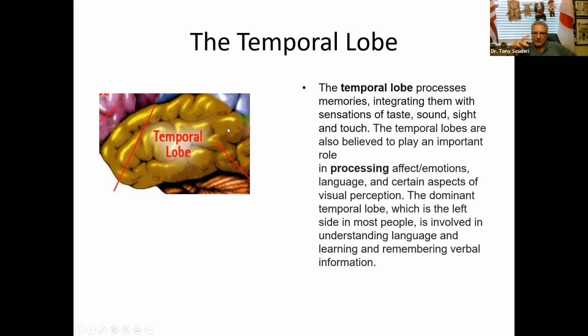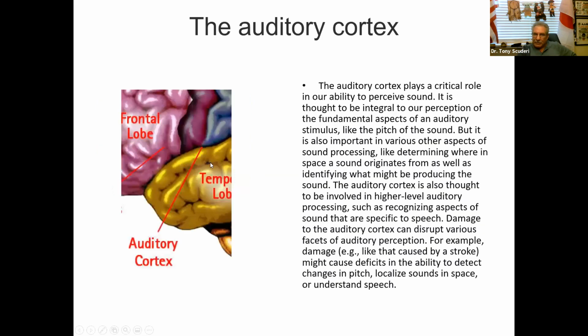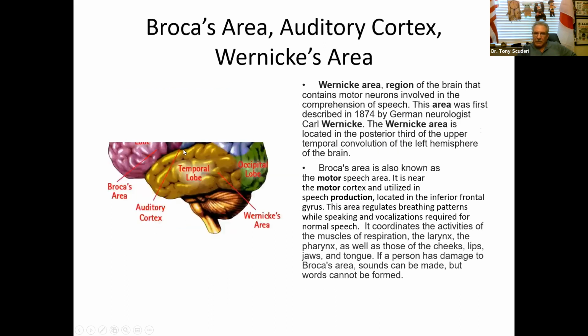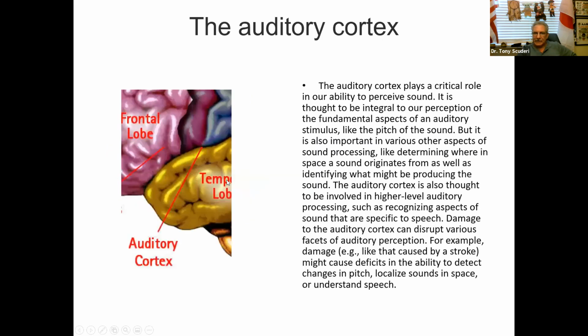For most people, it's the left side, and is involved in understanding language. So where Broca's area understands language, this part of the brain, besides hearing, is involved in what we understand about the language, how we learn language, and how we remember verbal information. Part of the brain right there, right, is called Wernicke's area. We'll get to Wernicke's area in 1 second.